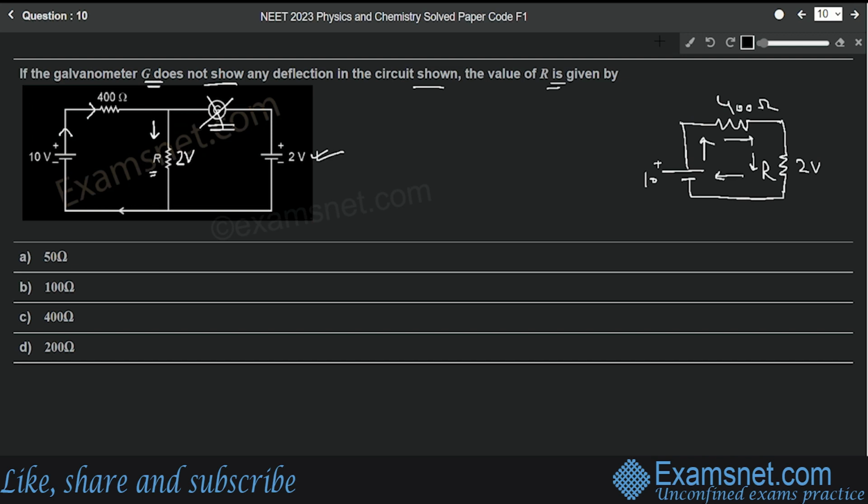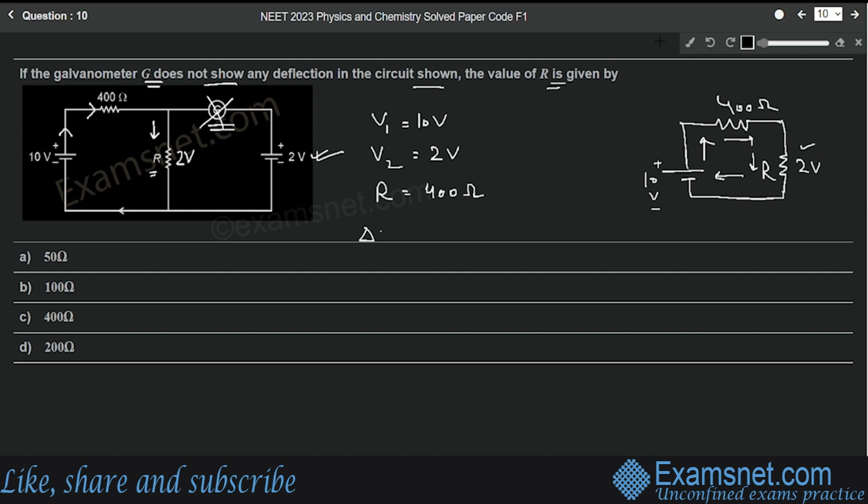Now first we can find out the amount of current. Let's say this 10 volt is V1. V1 is 10 volt, and V2, that is this one, is 2 volt, and resistance is given as 400 ohm. So what will be the amount of current?